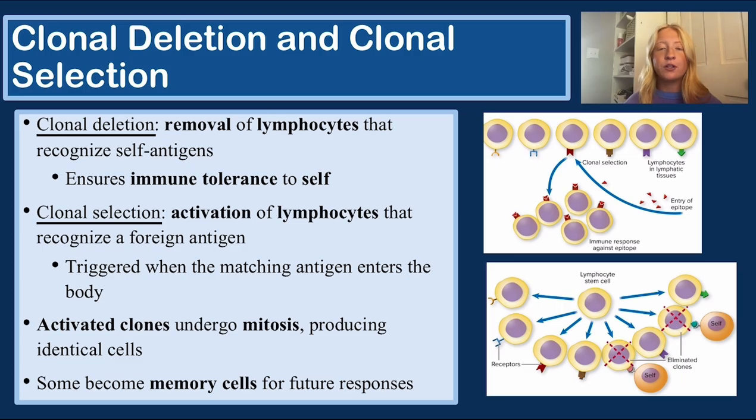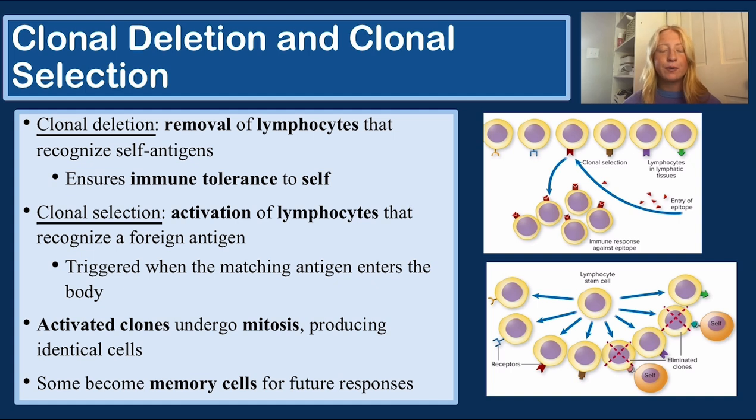Then there is clonal selection. This occurs after an antigen has been exposed. When a pathogen enters the body, only the lymphocyte with the right receptor for that antigen is activated, and the cell divides repeatedly in a process called mitosis, which you've heard about, and this produces many identical copies or clones.